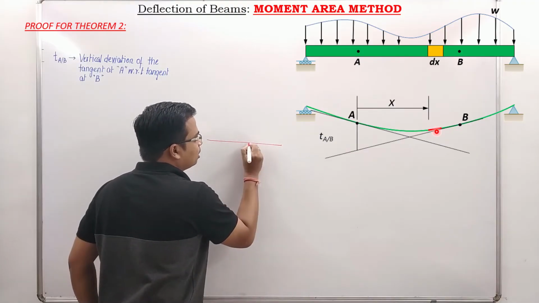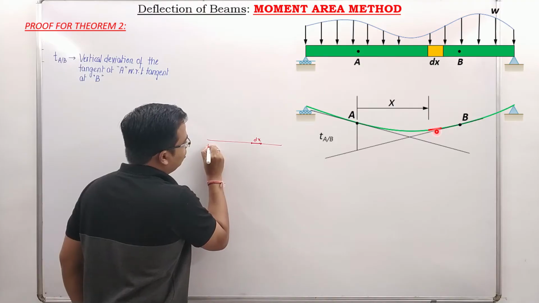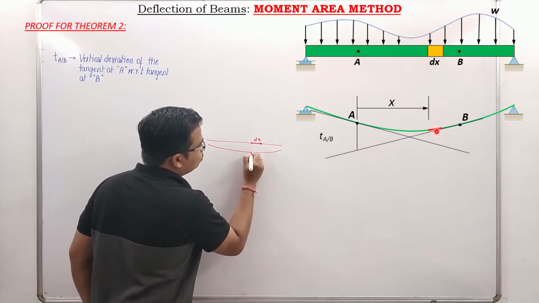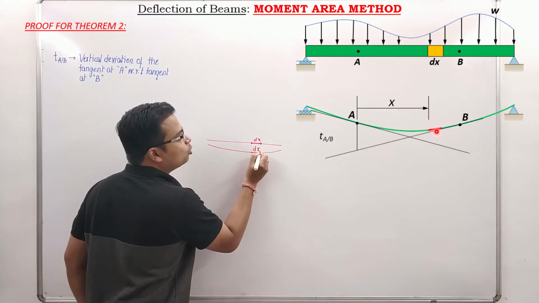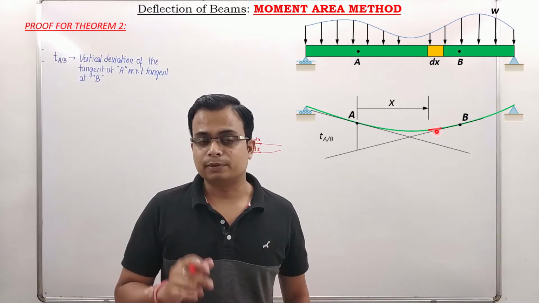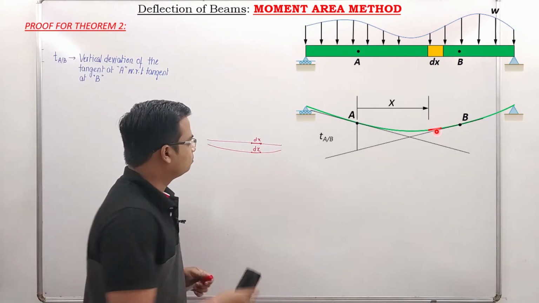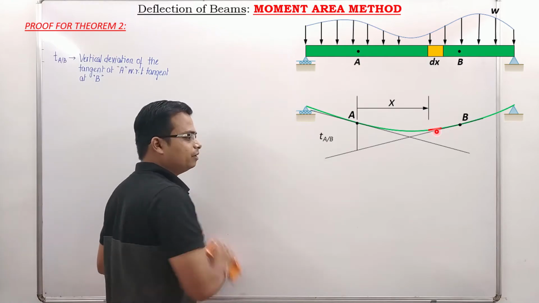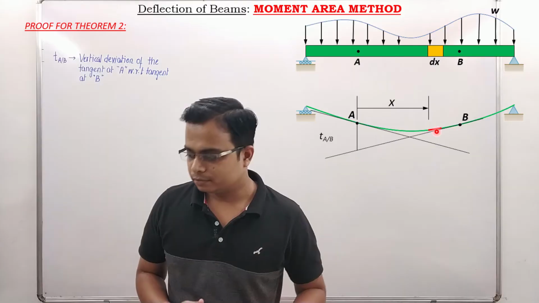Initially, the curve is like this. So this was the element dx, and now the curve is bent in this form. So the element would be something like this. There is not much of a difference, so we can assume this also as dx. There is a bit of liberty which you can take, especially when you are dealing with calculus. Anyway, this is part and parcel of integral calculus. You guys will get habituated.